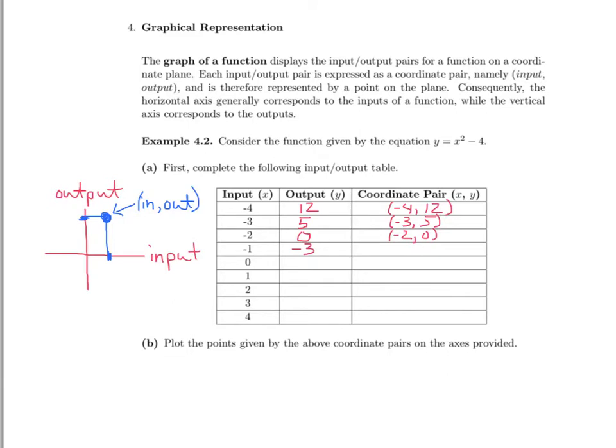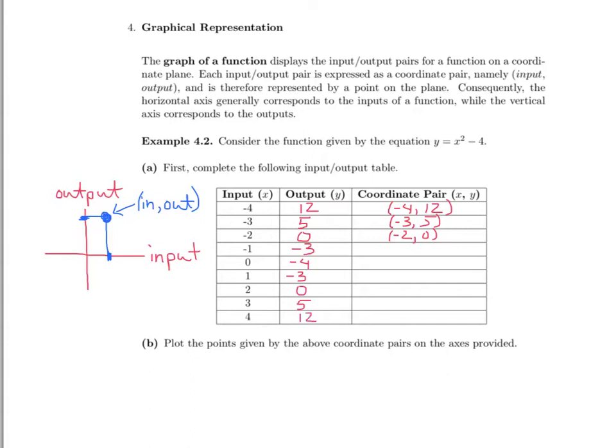If I substitute 0 in, I get -4 coming out. If I put 1 in, I get -3 coming out. If I put 2 in, I get 0 for an output. If I put 3 in, I arrive at an output of 5. If I put 4 in, I arrive at an output of 12.